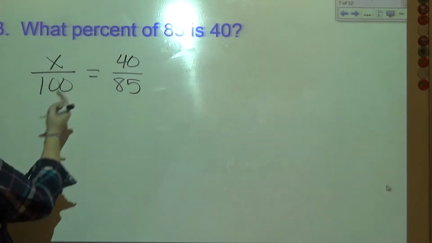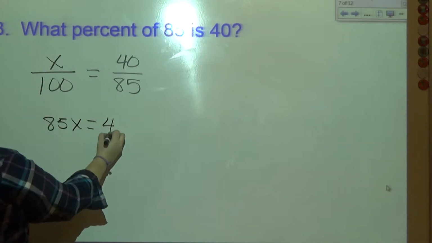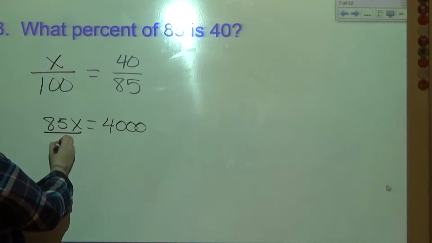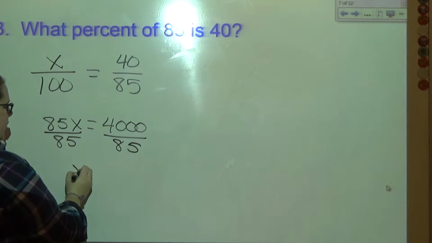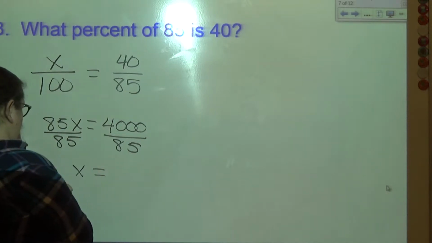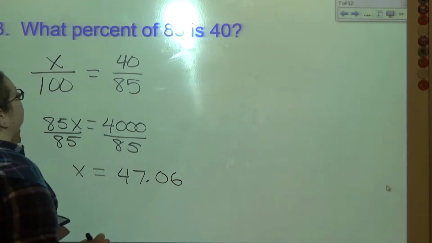Cross multiply. 85x equals 4000. To solve that, divide by the coefficient of x. And x equals, I'm going to grab my calculator really quick, 47.06.